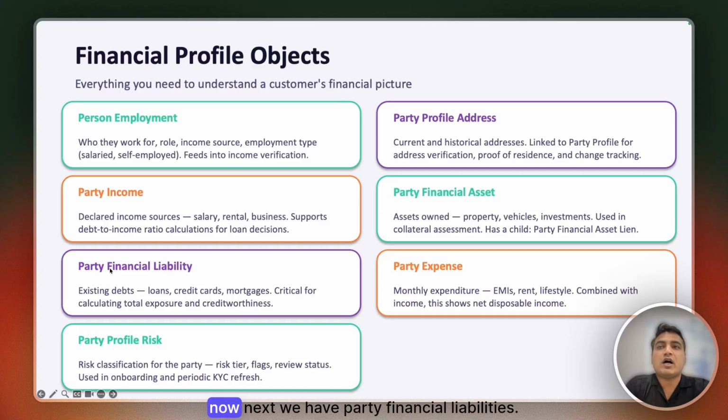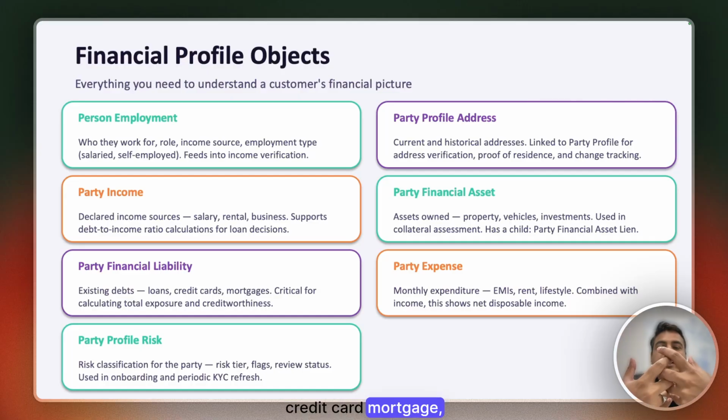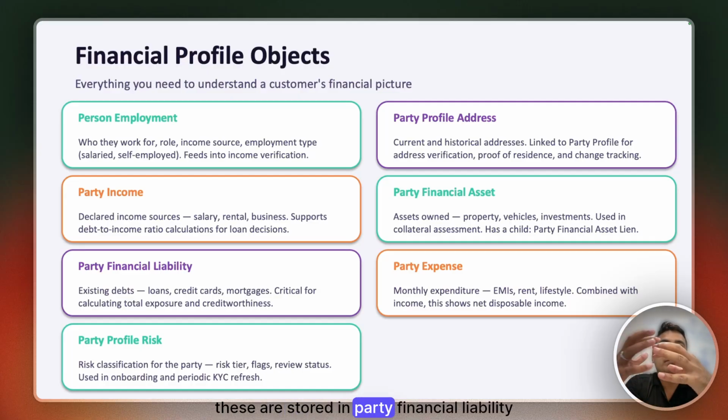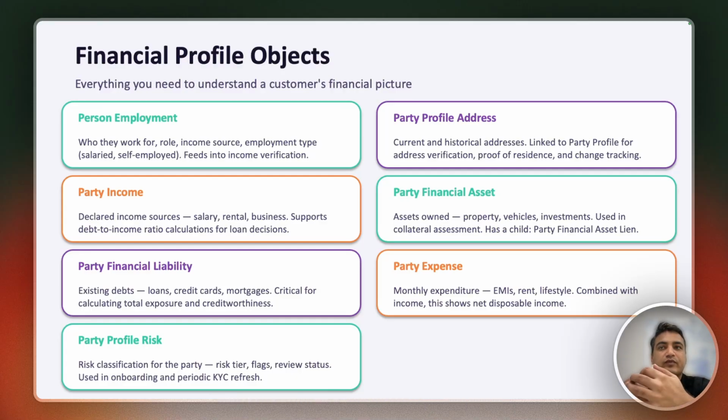Next we have party financial liabilities. Any existing debts like loan, credit card, mortgage are stored in party financial liability, and it is critical for calculating total exposure and creditworthiness also. Let's see how this is used.